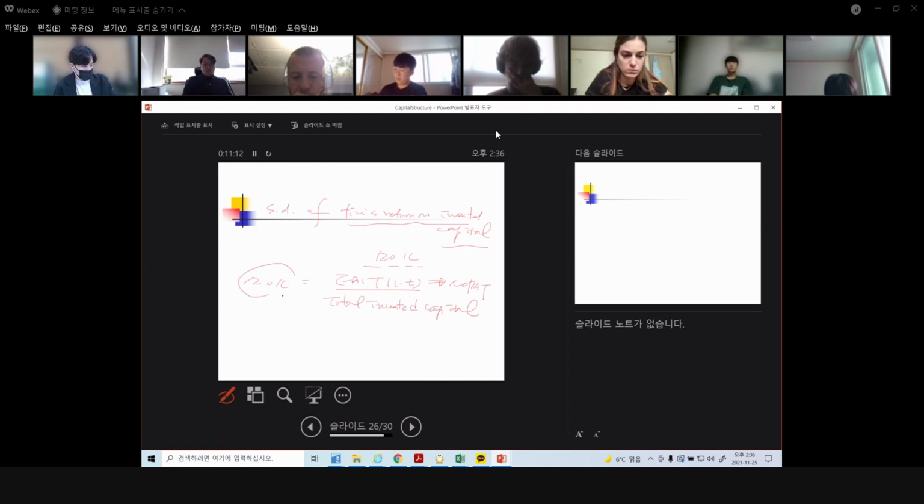So ROIC is the portion of NOPAT with respect to total invested capital. This is ROIC. So the business risk can be measured by the standard deviation of ROIC.